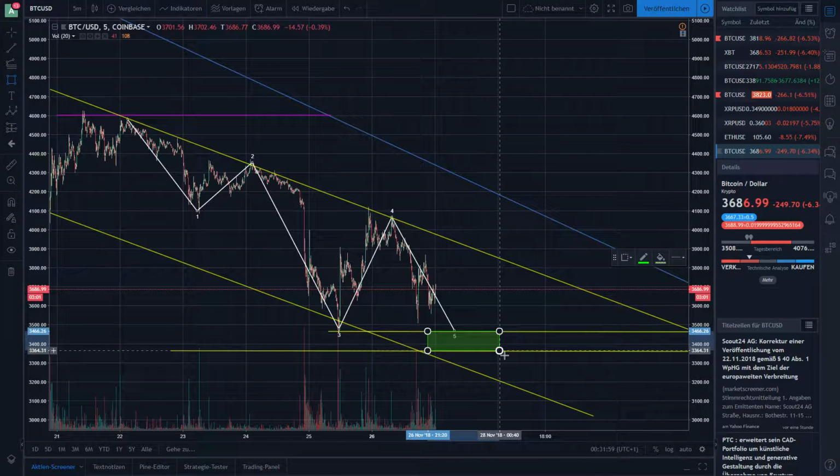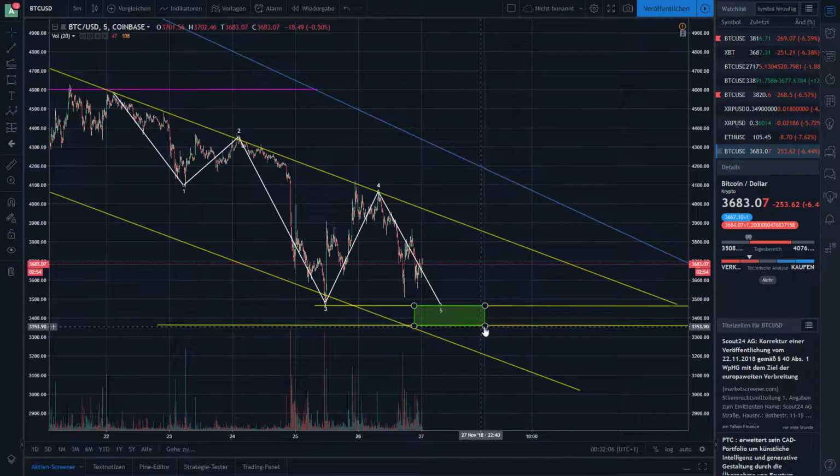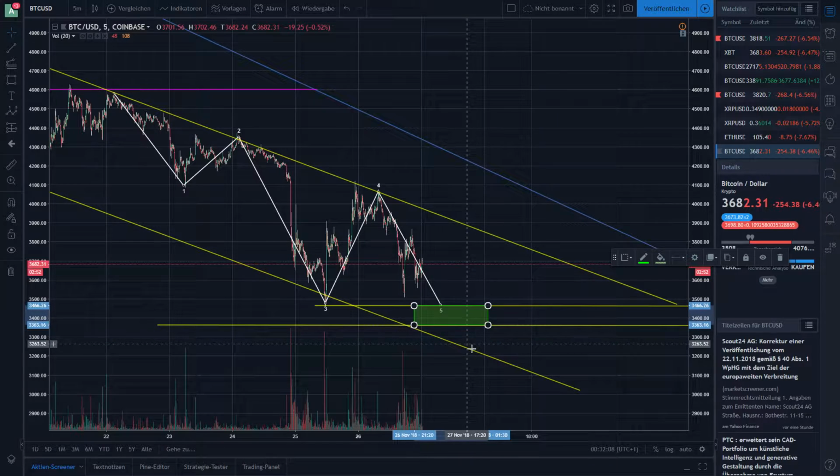This is my range, 346.60 to 340. If we break this here, this is our last support. Wait for heavy rejection here.